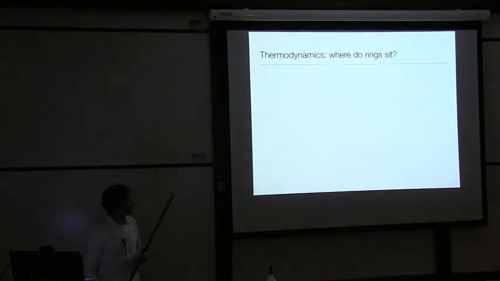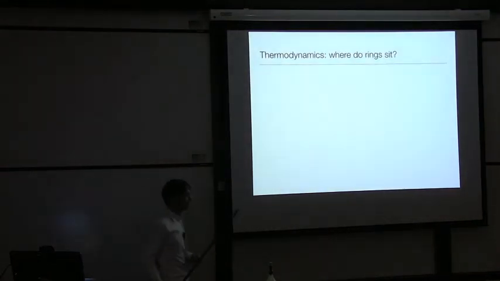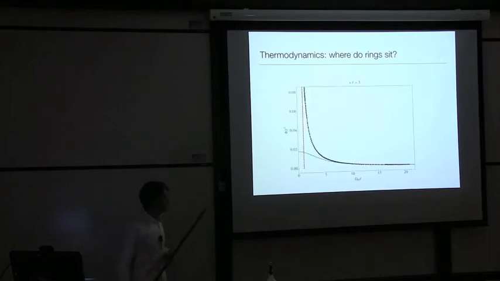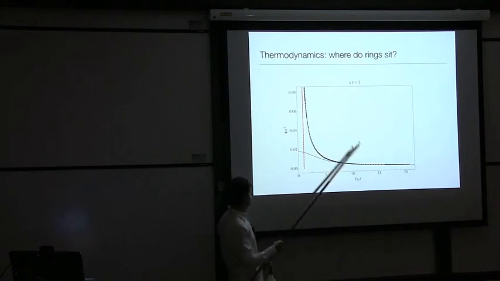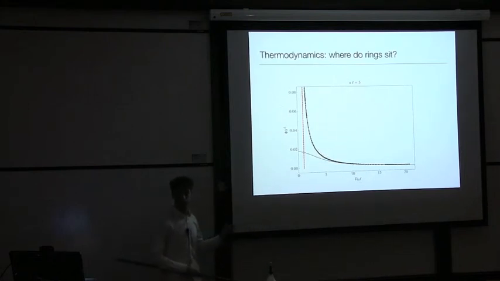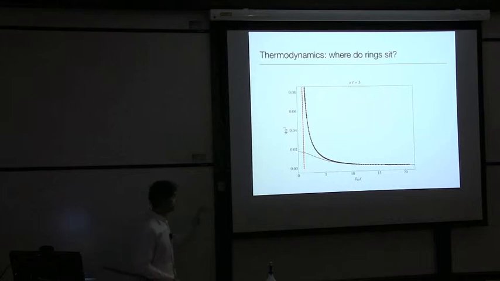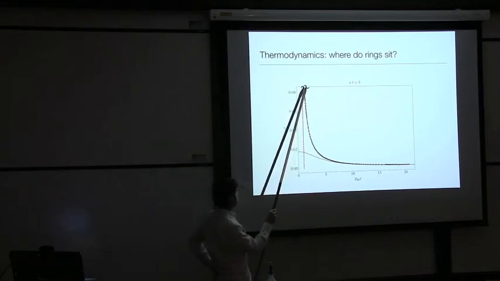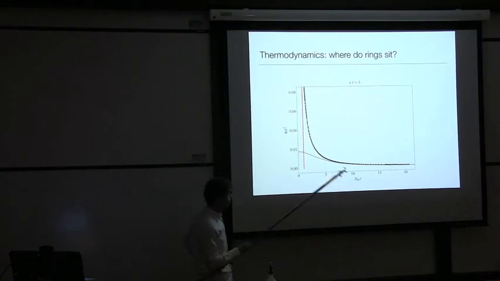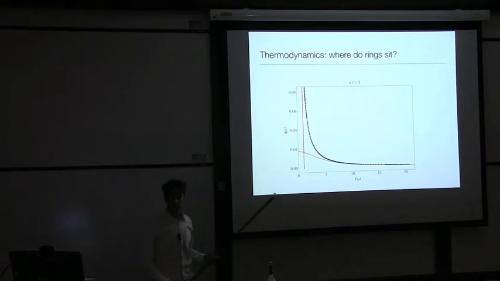So the question is, where do black rings sit in all this picture? So this is where black rings sit. This is a representative temperature, but it's true for any non-zero temperature, even as small as you want. So black rings always sit above the small black hole. That's the small black hole curve. And so therefore, black rings in AdS are thermodynamically irrelevant.